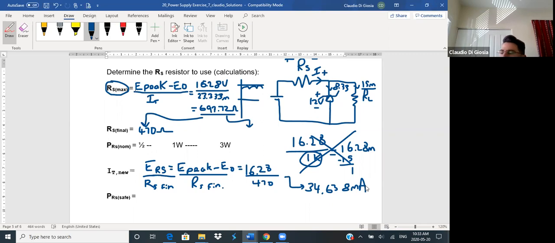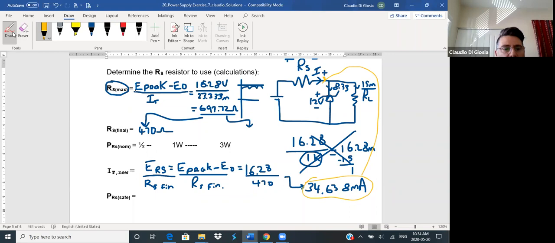Okay, that's the new current. If I just change colors here, just to bring this home, this 34.63 is my new current going in through here. So now instead of just 23, I have 34 available.